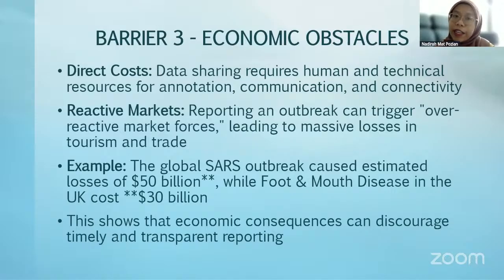So if you have a surveillance system and people know about it, it may also affect the economy of the country. This shows that economic consequences can discourage timely and transparent reporting.